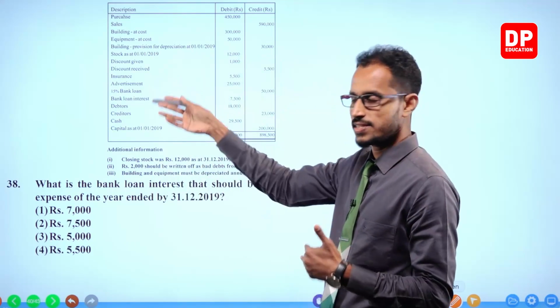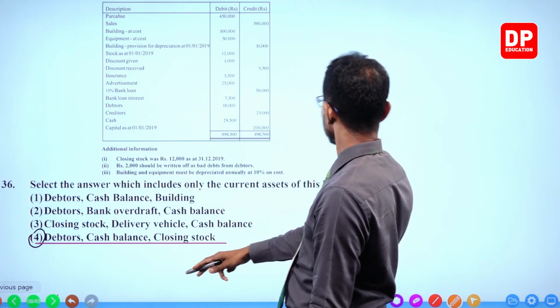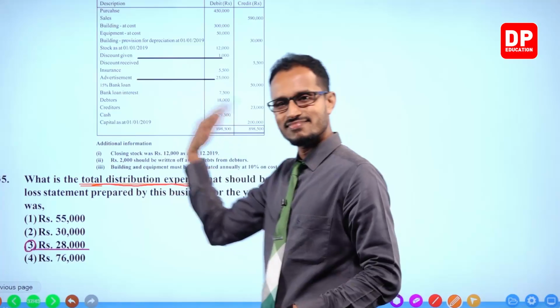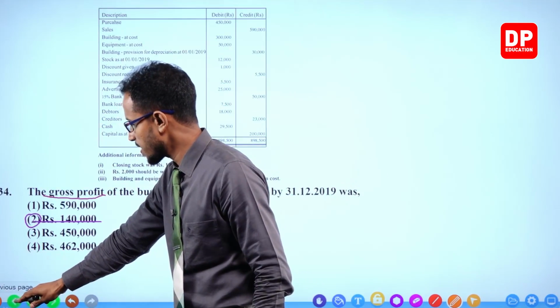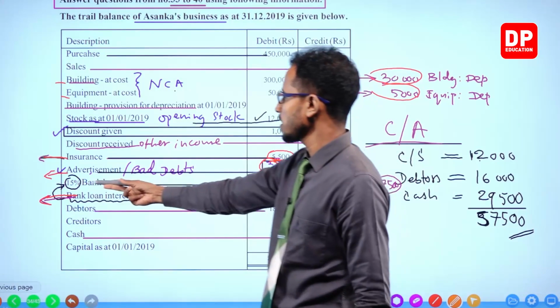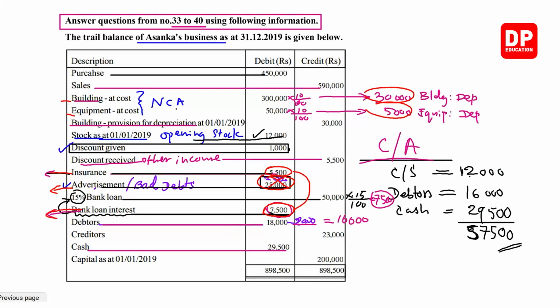So bank loan interest is there. Where? The original slide, man. The first slide. Here, the bank loan interest is here. 7,500. See?